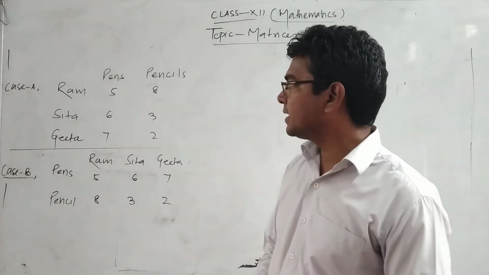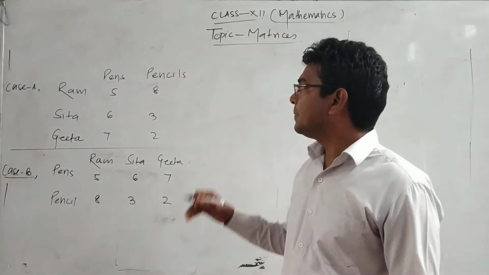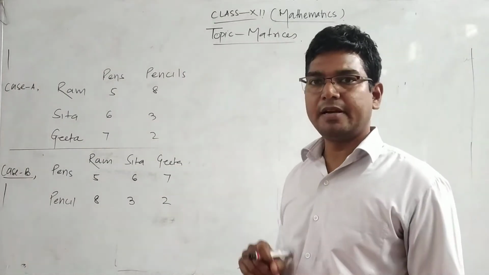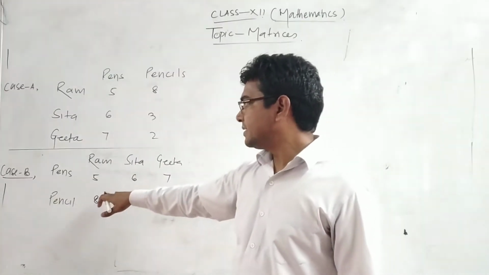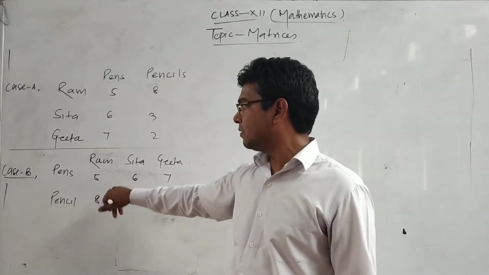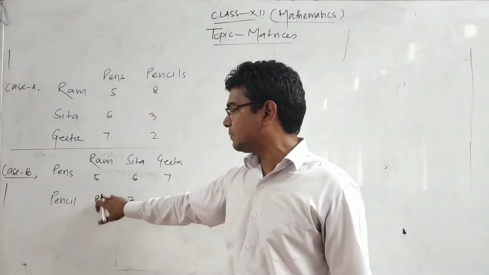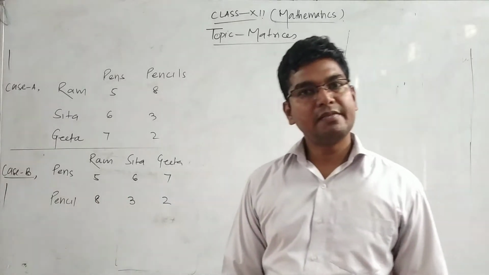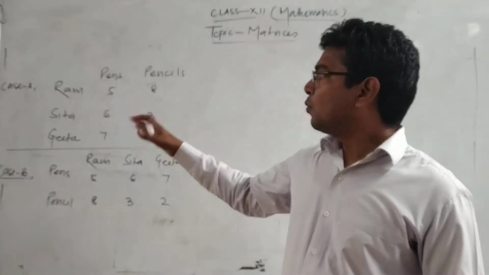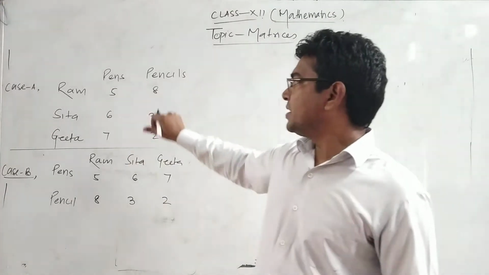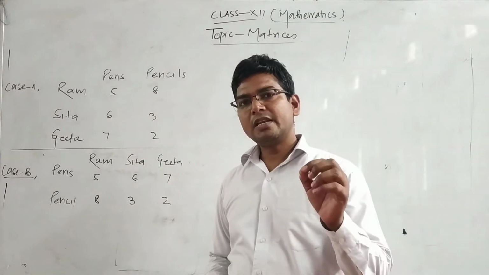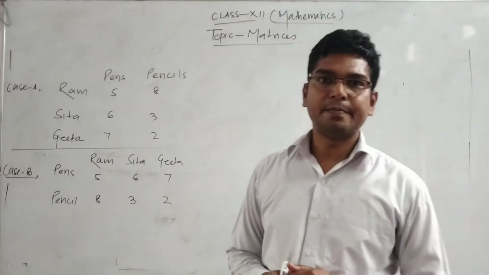Clearly you can see that the number of pencils and pens purchased by Ram is 5 and 8. The same you can see here in case B, the number of objects, that is pen and pencil, purchased by Ram is 5 and 8. So we are changing the formation of the representation, but the information remains the same.